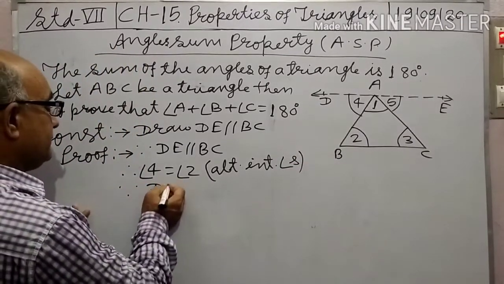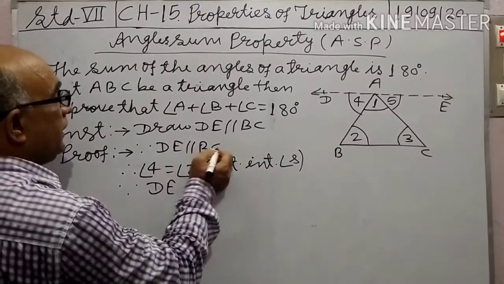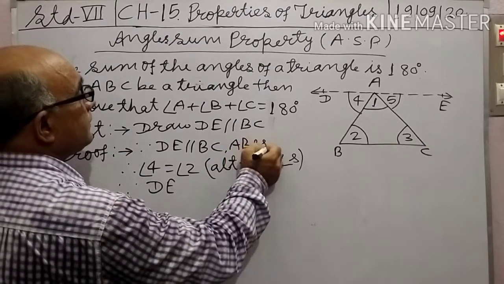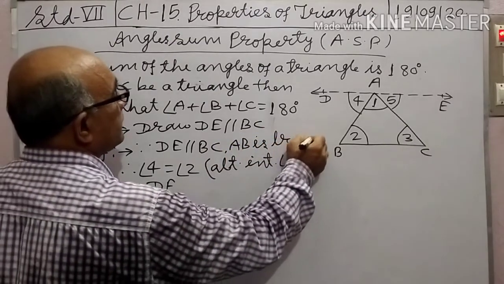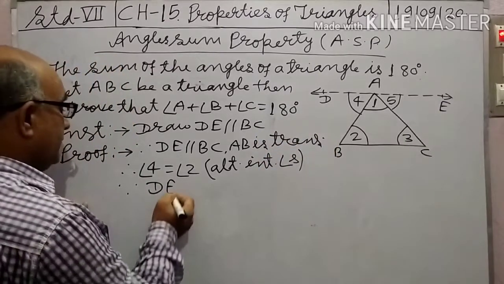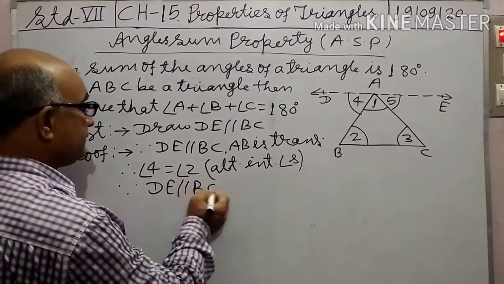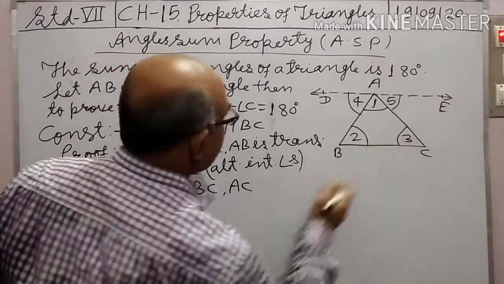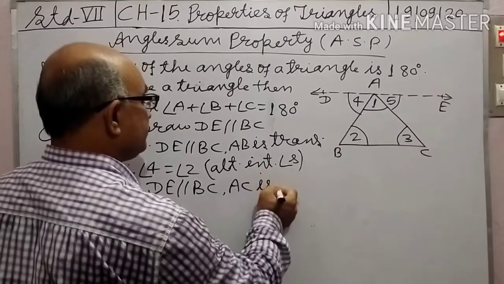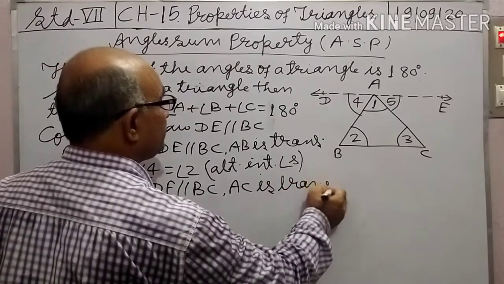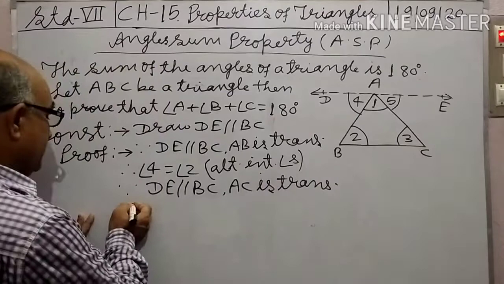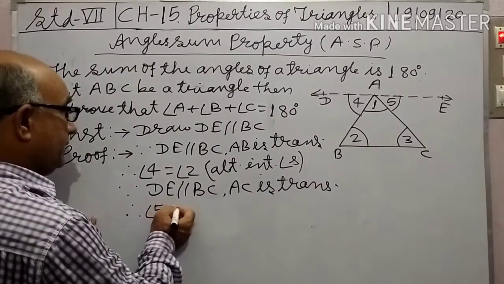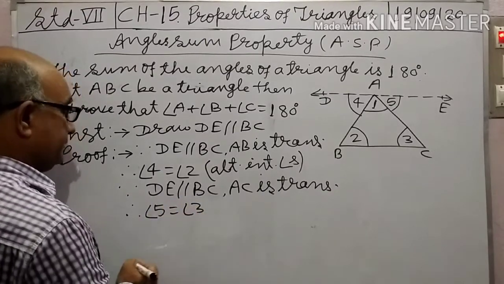Again, since DE parallel BC, AB is transversal. Next, DE parallel BC and AC is transversal. Therefore, angle 5 equal to angle 3.